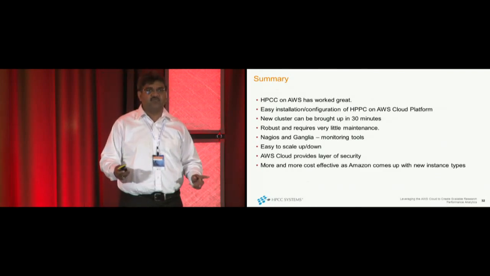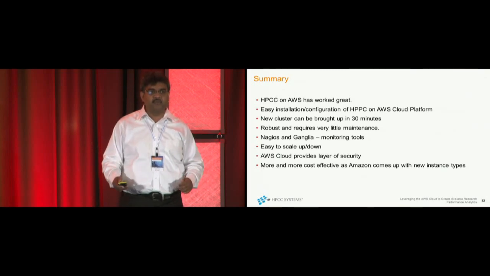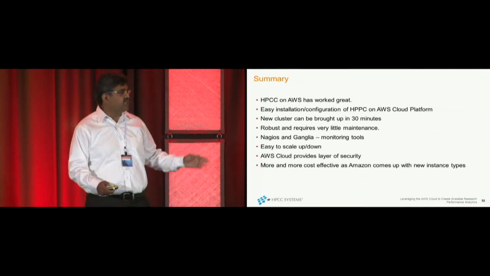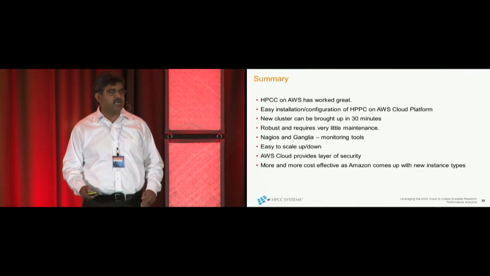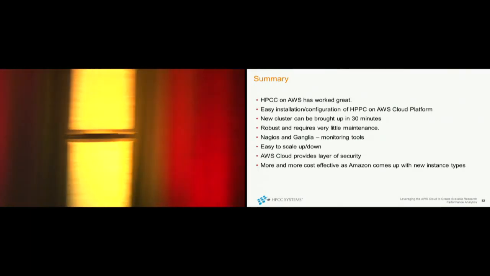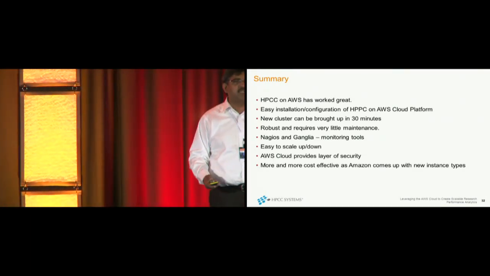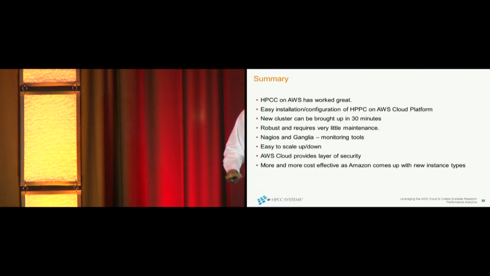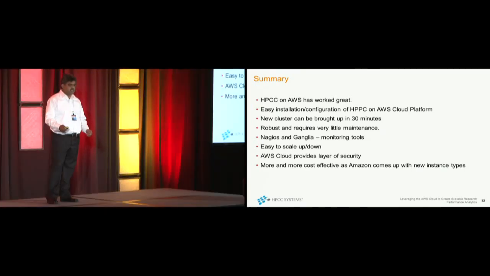It happened once for Thor and maybe a couple of times for Roxy, over a period of nearly 1 year. And just being in the cloud, it is easy to scale up and down. We are using AWS resources like VPC and security groups to provide a layer of security over HPCC clusters. And finally, Amazon comes up with new instance types all the time, and it is getting more and more cost effective to run HPCC on AWS.